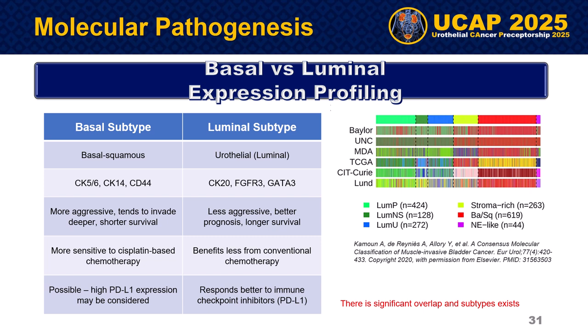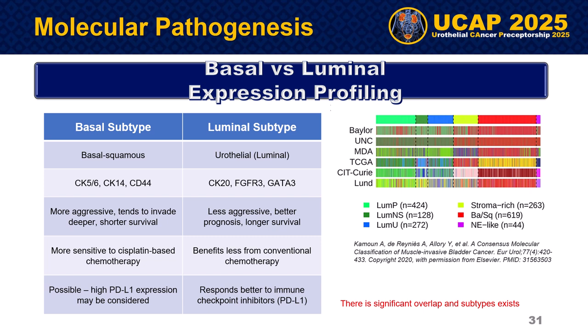Basal tumors are generally more sensitive to cisplatin-based chemotherapy, and patients with these tumors tend to gain the most survival benefit. Luminal tumors, on the other hand, with high immune infiltration, respond better to immune checkpoint inhibitors such as anti-PD-L1. However, basal tumors, especially those with high PD-L1 expression, may also be considered for immunotherapy.